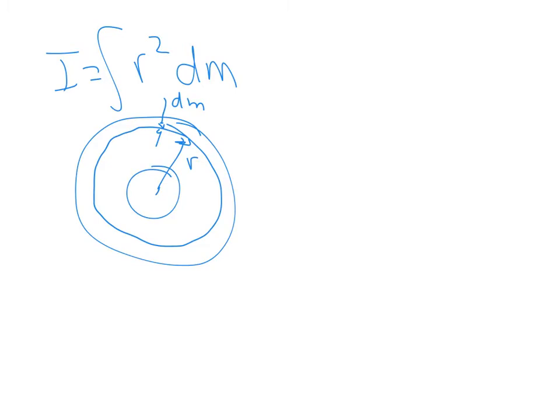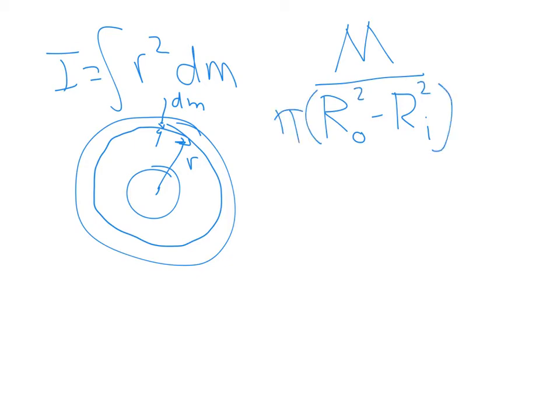Well, if the mass is uniformly distributed, then whatever the ratio of the mass of the full object, right, to divide it over all the volume, and to represent the volume in this case, we're going to do essentially the area, right? So you got the area of the big circle minus the area of the inner circle.